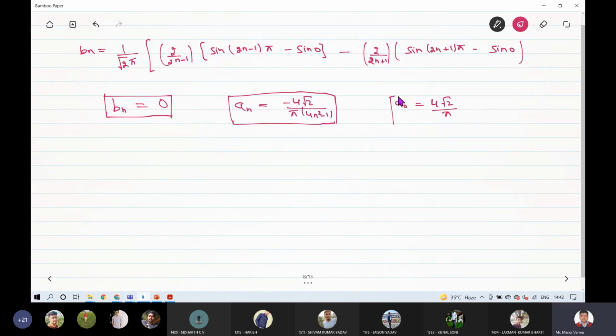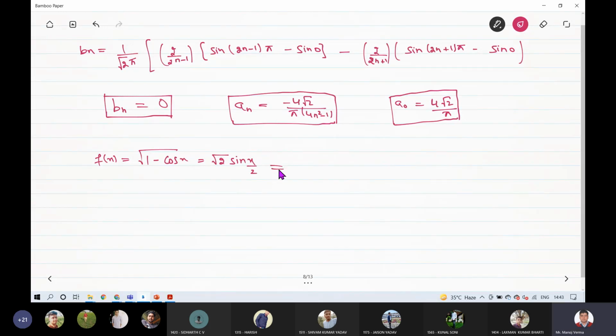So you simply have to insert these values of the Fourier coefficients into this Fourier series expansion, and the function which was originally root 1 minus cos x, which was equivalent to root 2 sine x by 2.